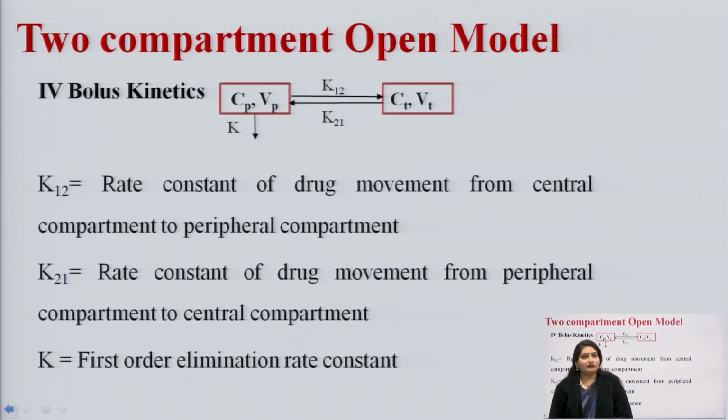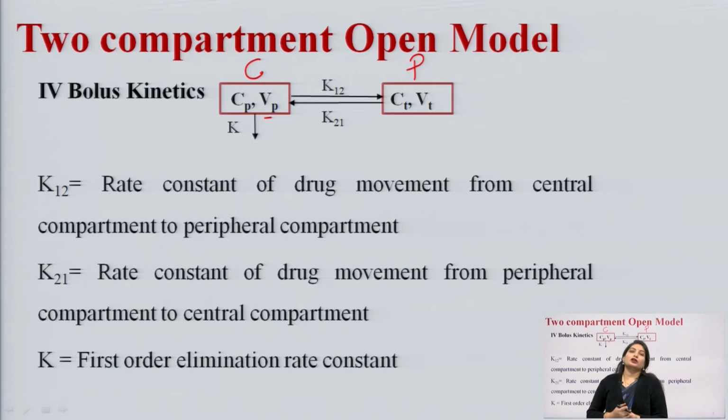Okay. So, if we talk about the IV bolus kinetics, this is the central compartment, and this is the peripheral compartment. As I told you in the previous lecture, in case of the two compartment open model, there will be two different compartments, one is the central compartment and the second one is the peripheral compartment.